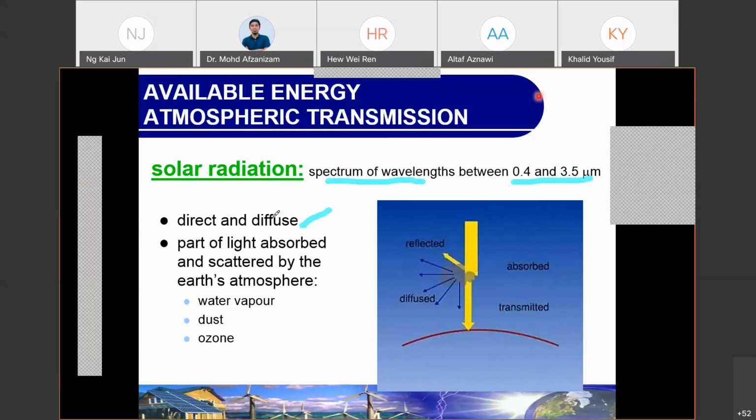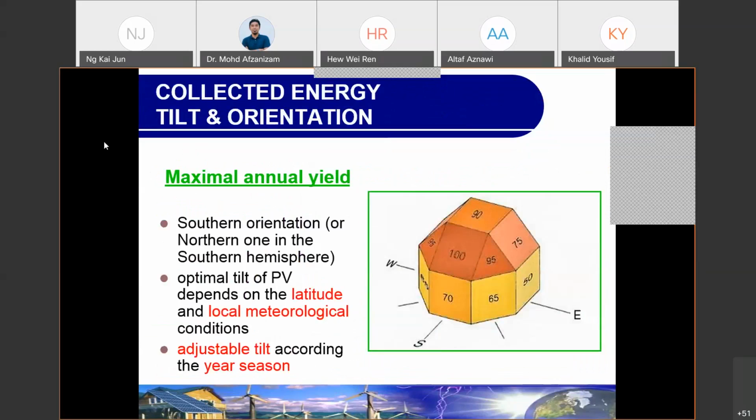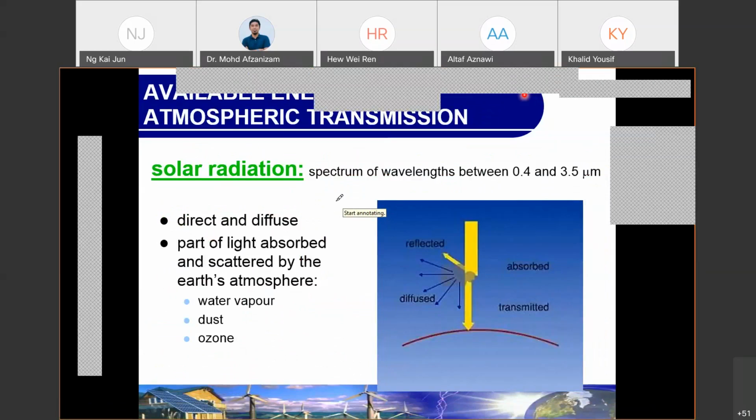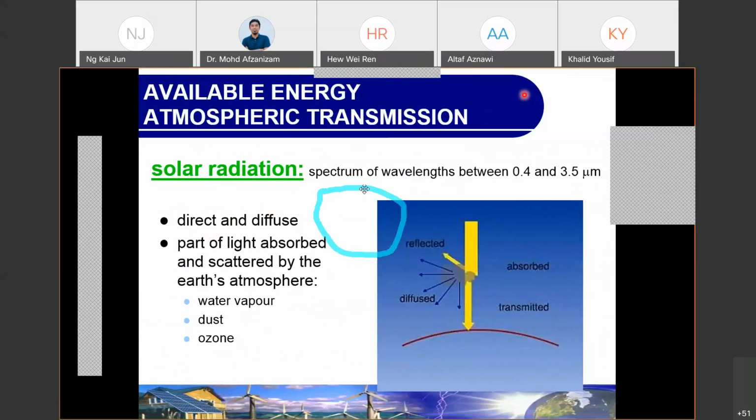Direct and diffuse. For solar radiation, for solar irradiance, commonly we have two types, which are direct and diffuse. Part of the light is absorbed or scattered by the atmosphere, vapor, and dust. I think maybe you can show it over here. For the direct, they say this is the sun. Direct means it goes directly to the Earth.